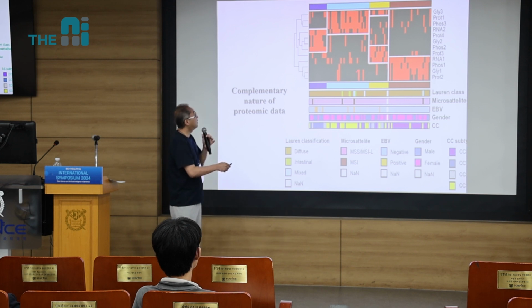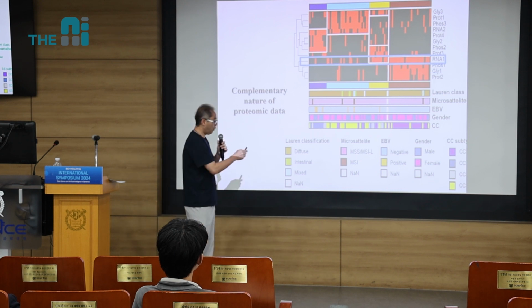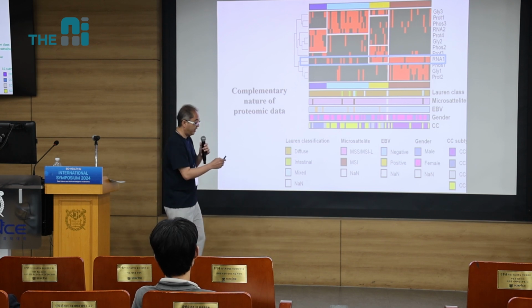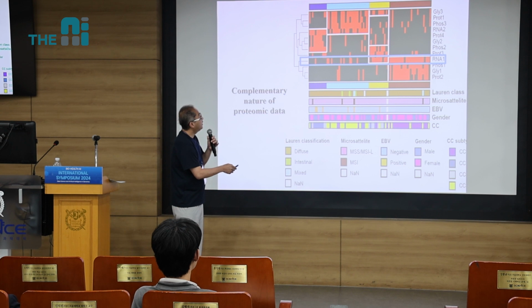we did integrated clustering. So eventually we identified 4 patient clusters here, subtype 1, subtype 2, subtype 3, and subtype 4. As you can see here, RNA data cannot distinguish this subtype 3 from subtype 4, right? But these additional protein signatures can actually separate them into two.